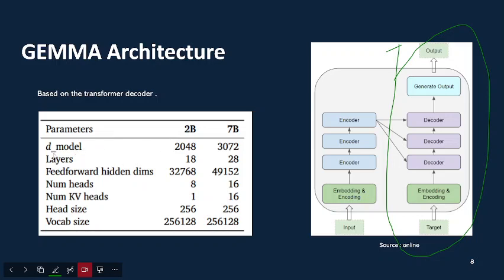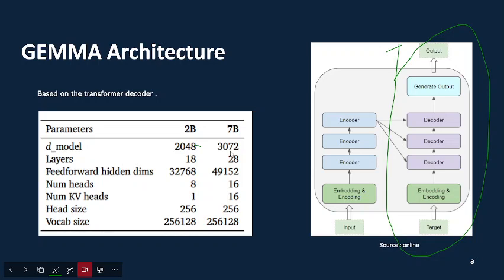And we can see the parameters. The dimension of the model represents whenever we take a token and represent it by a vector. In the 2 billion model, the vector size is 2048, and the dimension is 3072 for the 7 billion model.